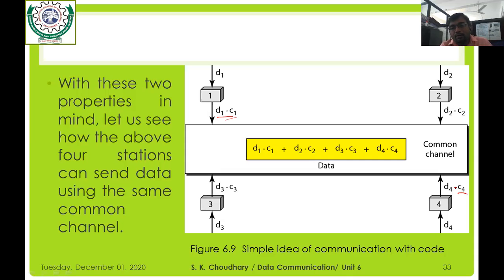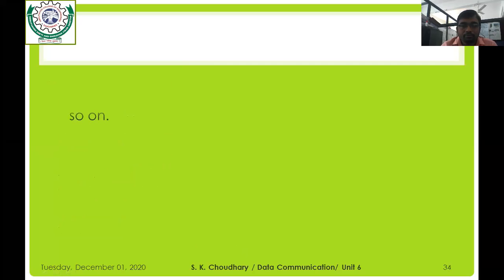When the 4 stations send data on the common channel, the products of data and code are added and passed through the channel: D1C1 plus D2C2 plus D3C3 plus D4C4, which becomes the combined data.